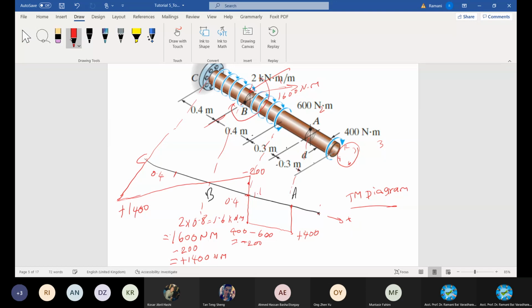At this point will be 1.10. At this point will be reaching 0.8 already. In between this point will be 1.10, to tally and see later. And at this point will be 1.4. Distance I'm writing 1.4. Okay, any question here? I stop here. If you want, you can ask any question.